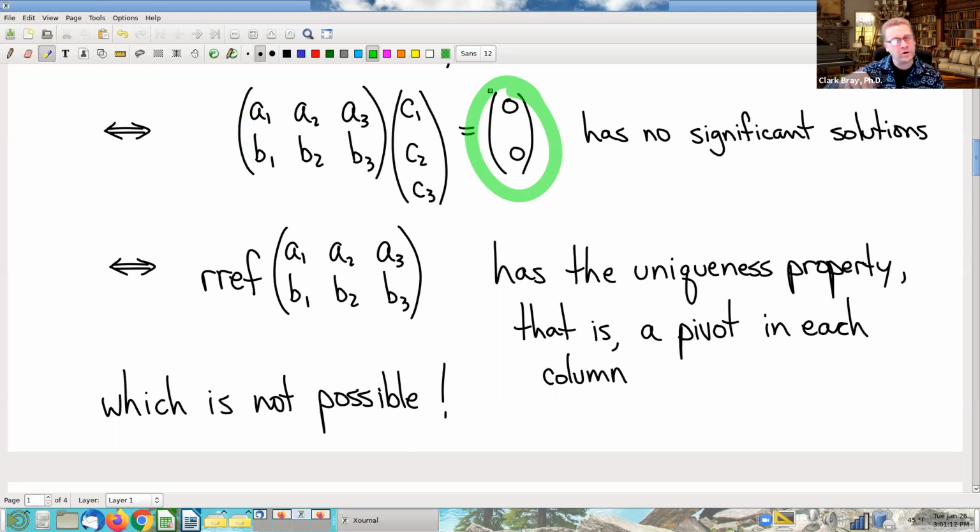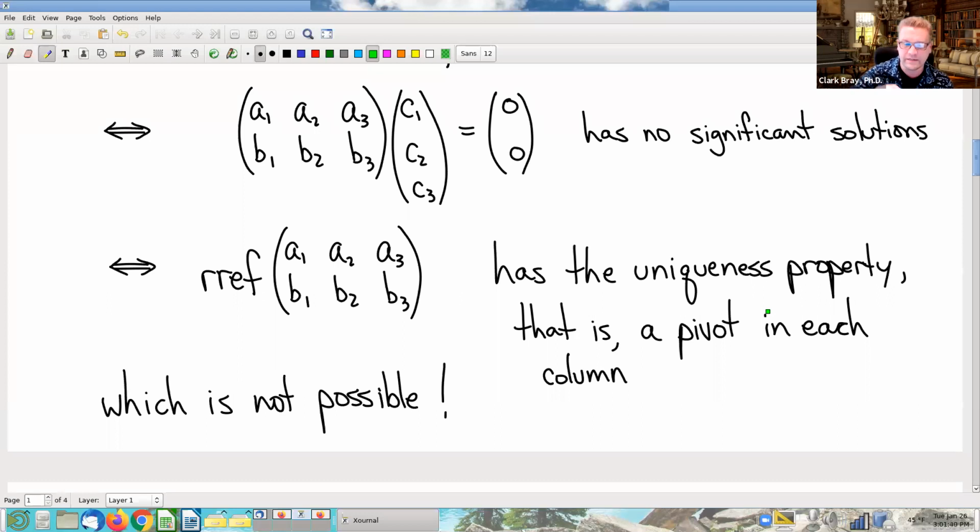If I want more than just that trivial 0 solution, that means I want multiple solutions. That means I want for the solutions not to be unique, right? So what we're looking for is if there's going to be significant solutions, if this list is going to be dependent, I would need for there to be a free variable.